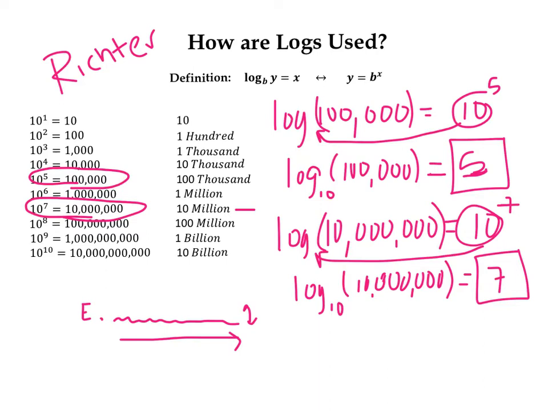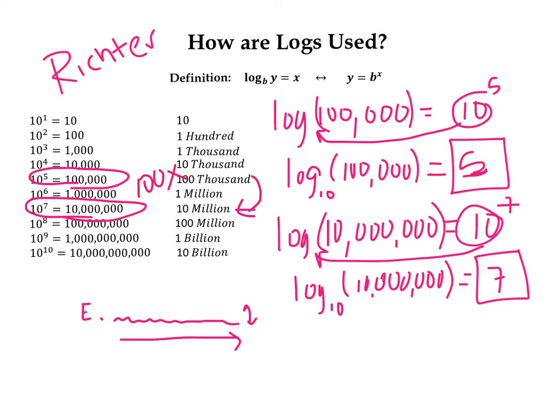If we multiply this by 100, we're saying that an earthquake of magnitude 7 is 100 times more intense than an earthquake of magnitude 5.